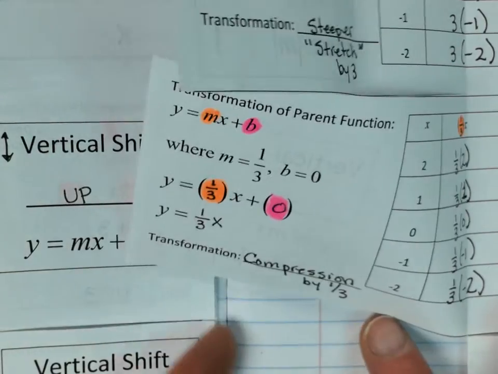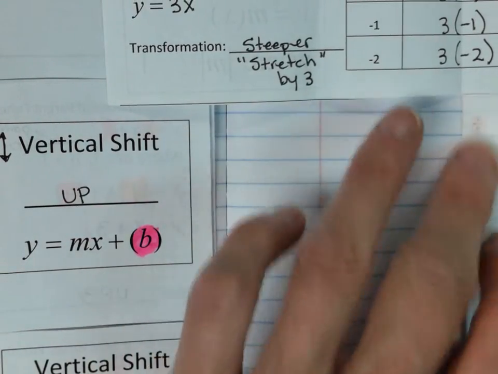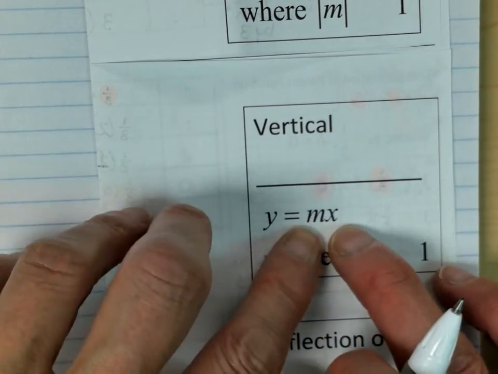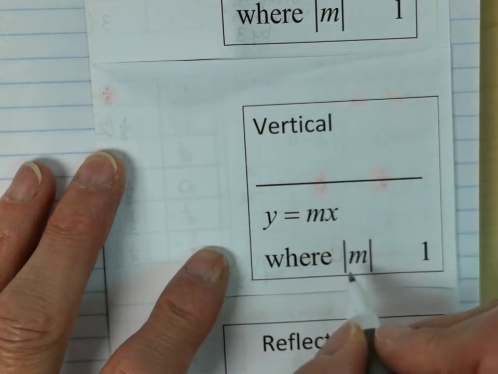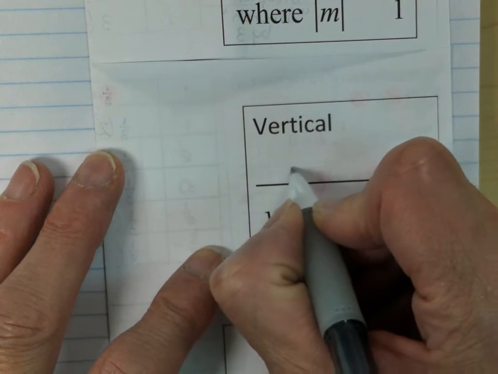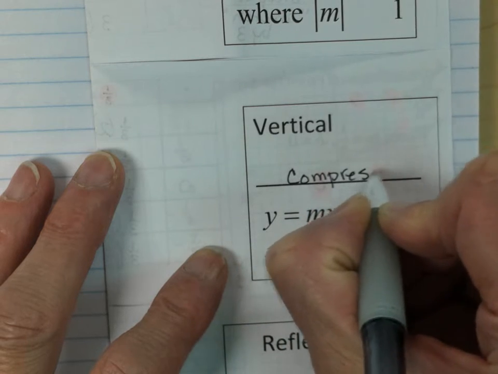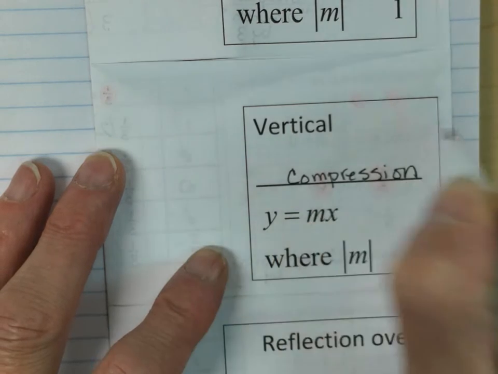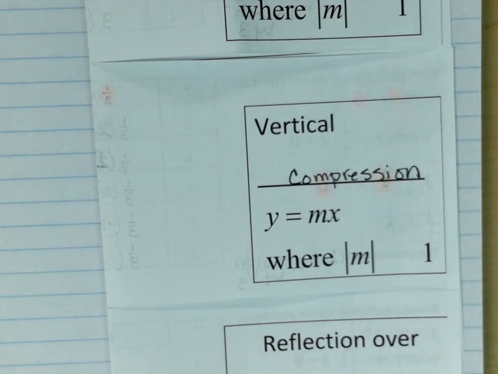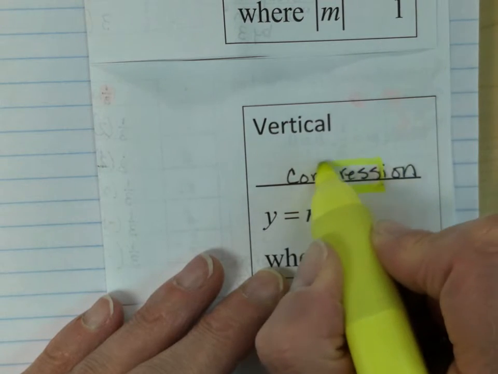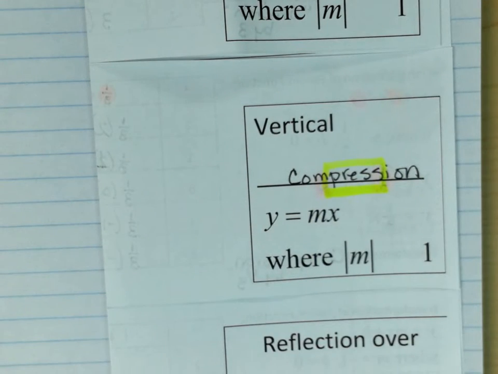So that means y is going to be 3 times bigger than x, because I'm multiplying x by 3. So this is going to be a compression, because notice it has the word press in it. So that presses down. It has the word press in it, compression.